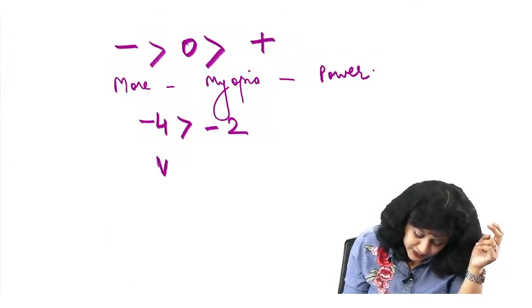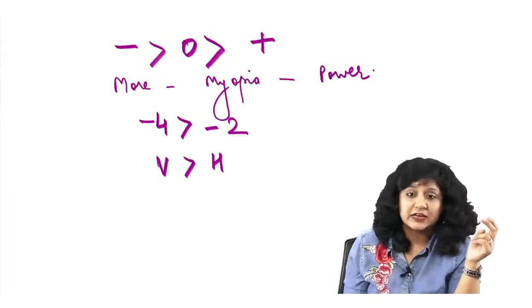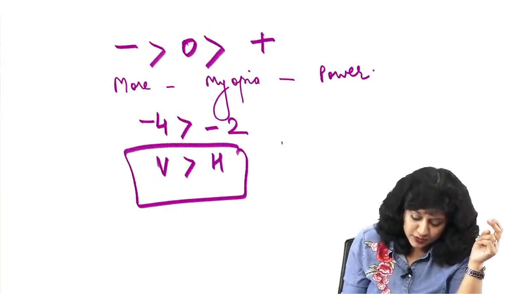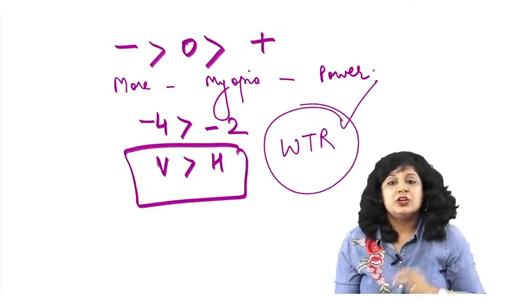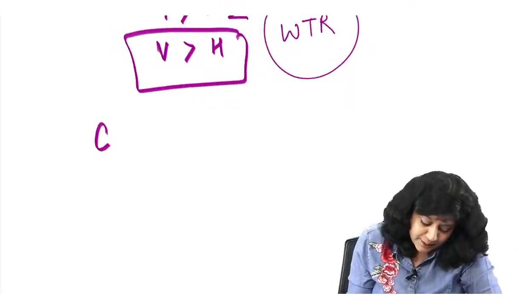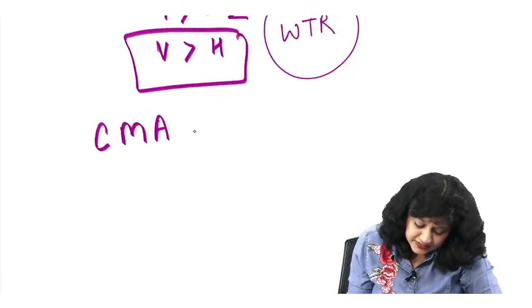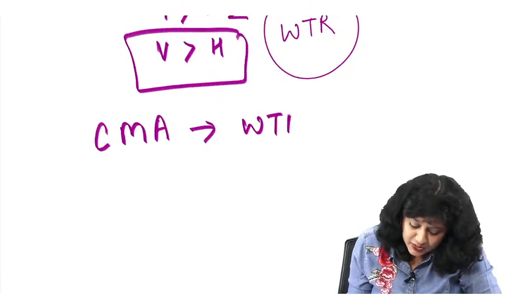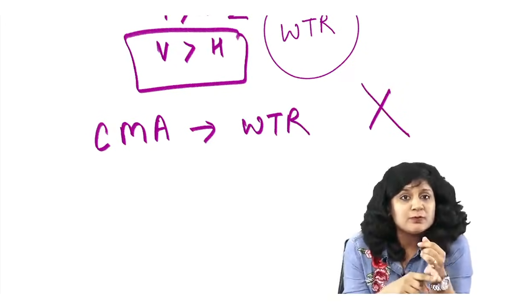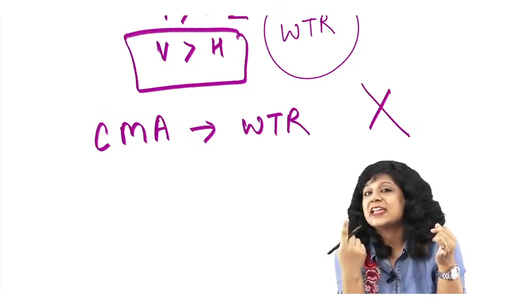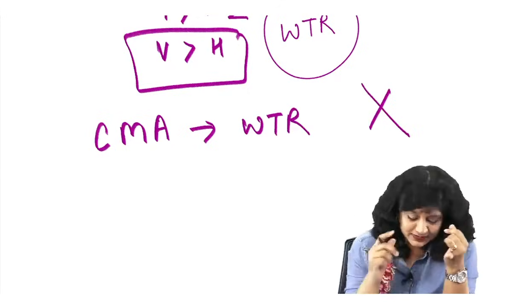So that means vertical is more than horizontal. So this will be with the rule astigmatism. So now you have come up with compound myopic astigmatism which is with the rule. So this is not the answer, because you have to find compound myopic astigmatism which is against the rule.